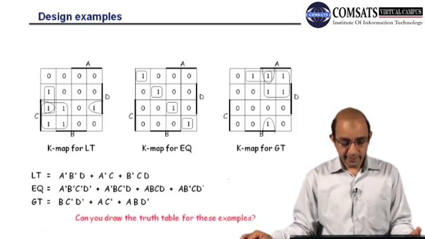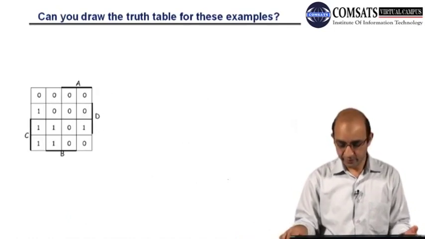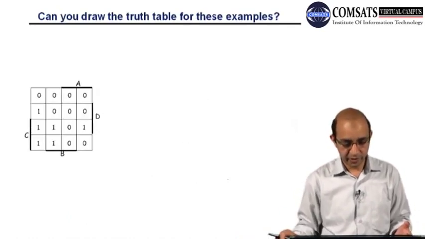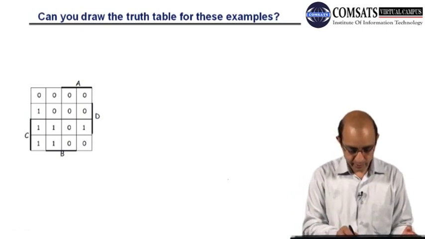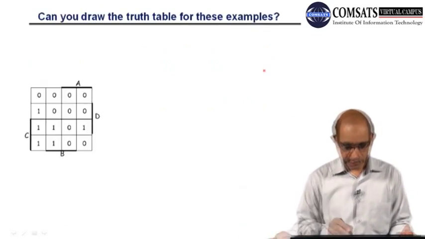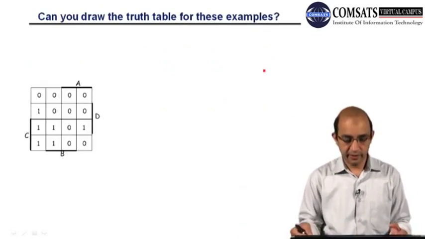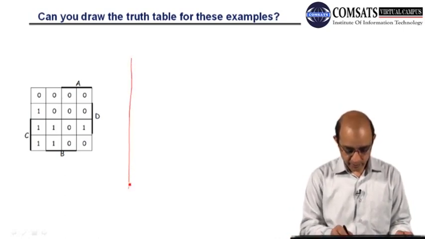Okay, so can we draw a truth table for these examples? Let's try, at least give it a try. So we have the 4 variables.